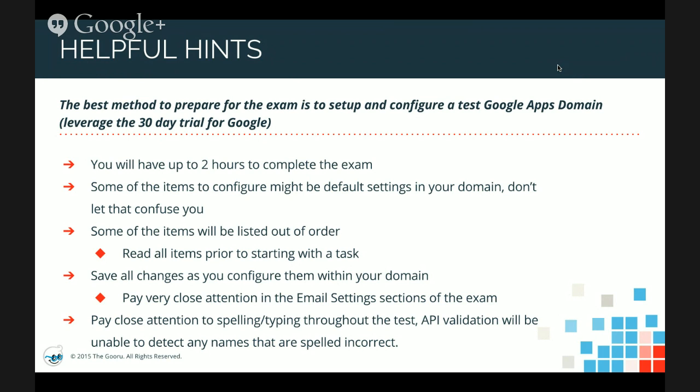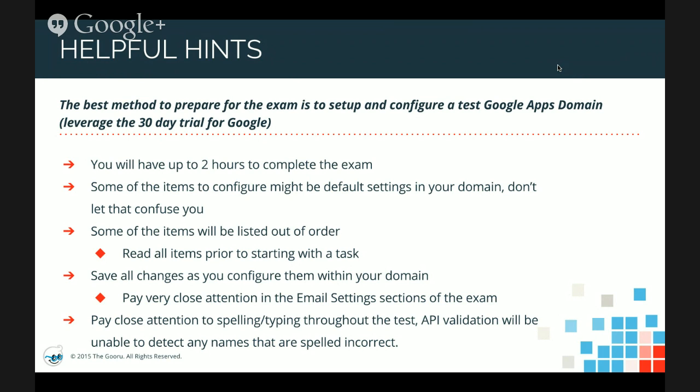Also keep that in mind because as you provision users, like I said, you start out with a blank domain. So as you provision users and go through the process, if you provision a user with the wrong name and then later on it asks you to move that user into an OU, and then later on asks you to put that user in a group, you've now missed all of those questions because the user wasn't created correctly, so the user's not in the OU and the user's not in the group.